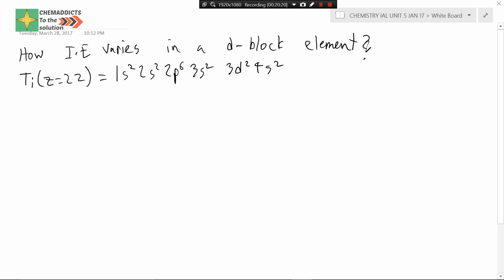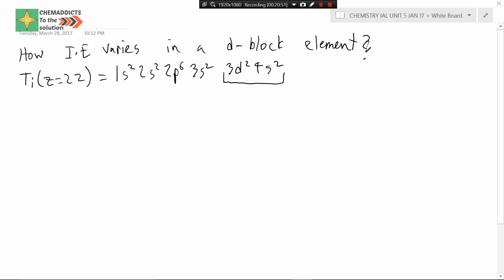If we look at this configuration, here we are going to have a gradual increase in ionization energy from the 4s subshell and 3d subshell. There is no difference, or a negligible difference, in ionization energy between these two subshells.